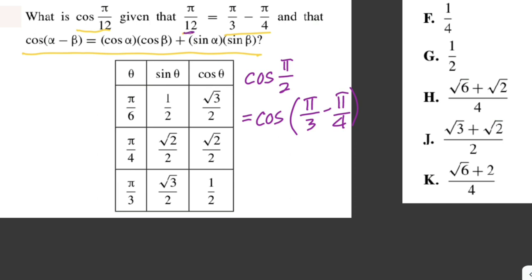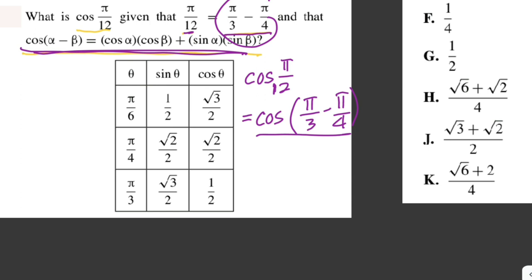We just replace pi over 12 by this one here. And now we can employ this expression.